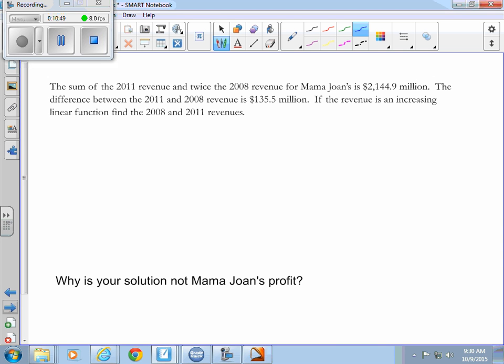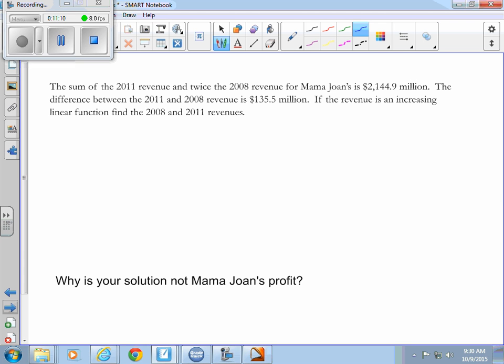The difference between 2011 and 2008 is 135.5 million. If the revenue is an increasing linear function, find the 2008 and the 2011 revenues.